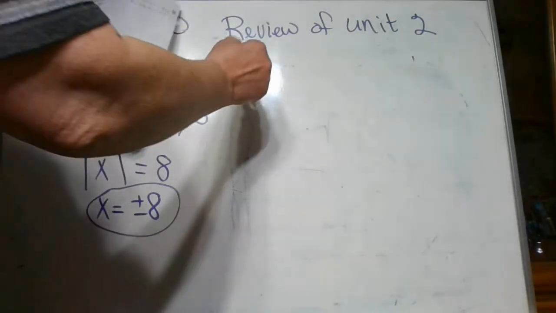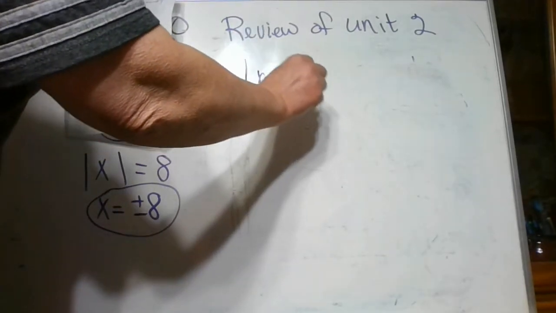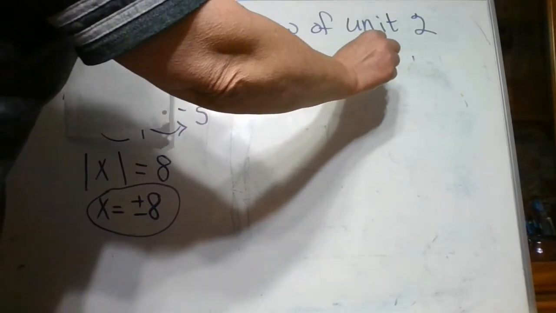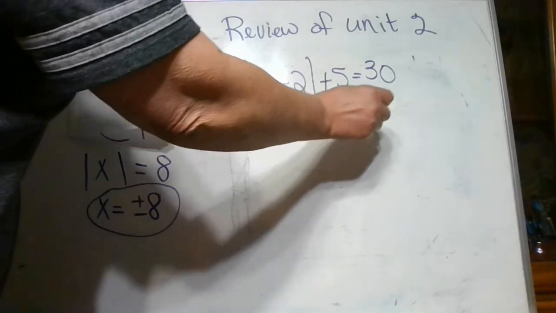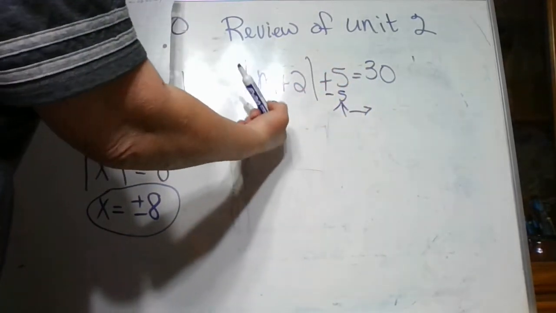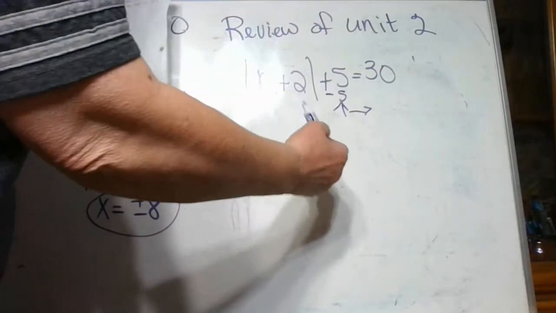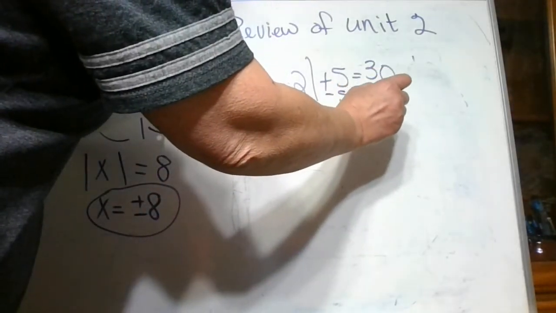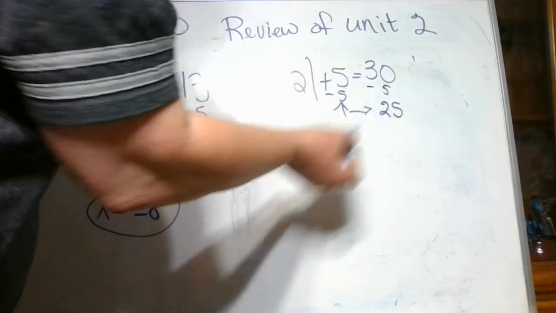Another example of that would be on this one. The absolute value of m plus 2, plus 5, is equal to 30. Once again, this 5 must be moved by subtracting it. Before we do anything with the absolute value, you've got to have only the absolute value on the left side. So when I subtract 5, I'm going to have 25.